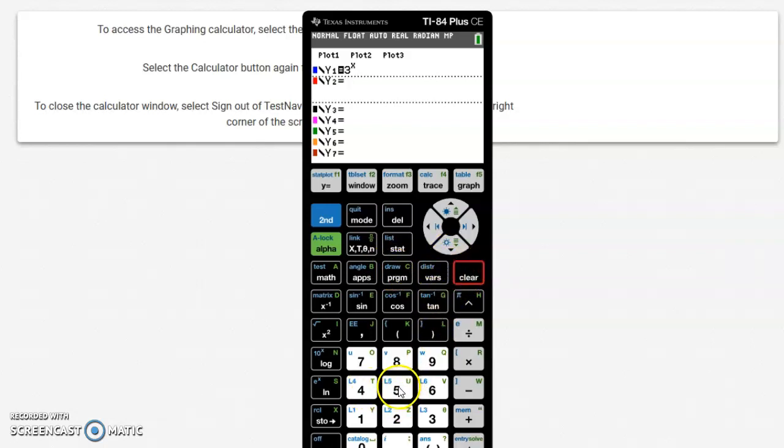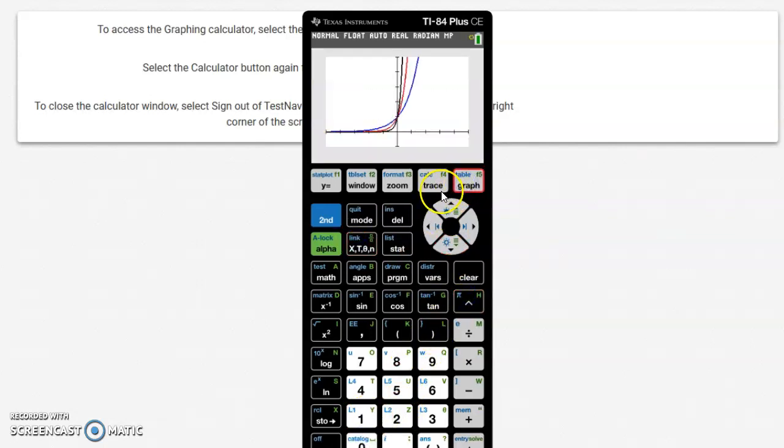Now I'm going to put 10 to the x, and I'm going to put 100 raised to the x power. Take a look. The blue line was the smaller base. The red line was 10. And the black line is 100. So the higher the base, the steeper the increase.